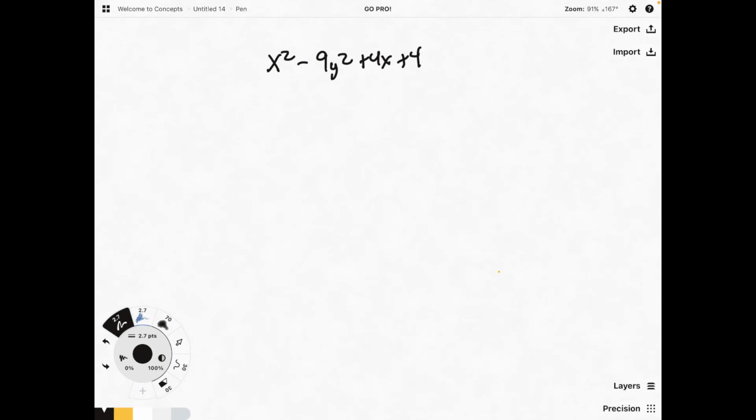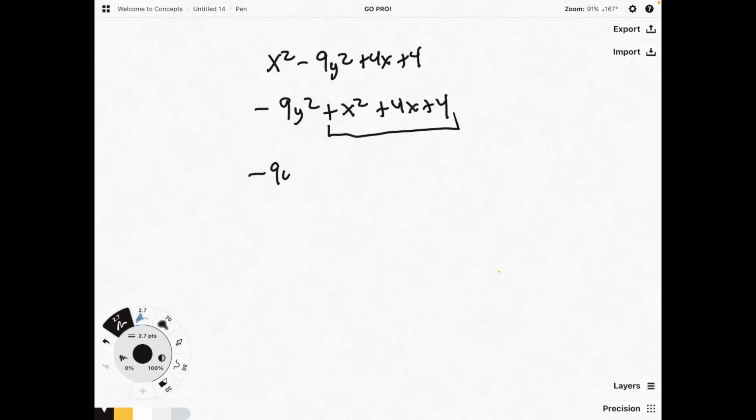Let's see if we can rewrite this in a way that we can try to find something else. So we can see that if we bring the 9y squared out in front and rearrange the equation of 4x plus 4, we know that we can factor this out, right? And so with that, let's try to factor.